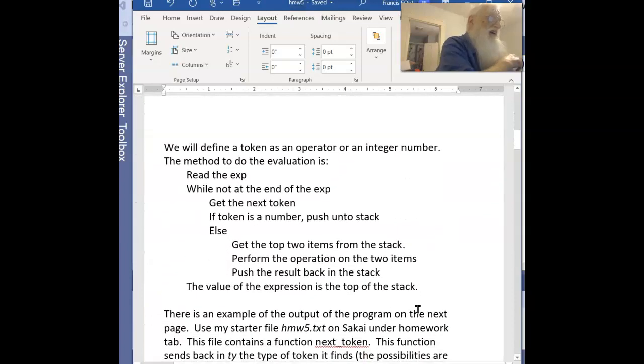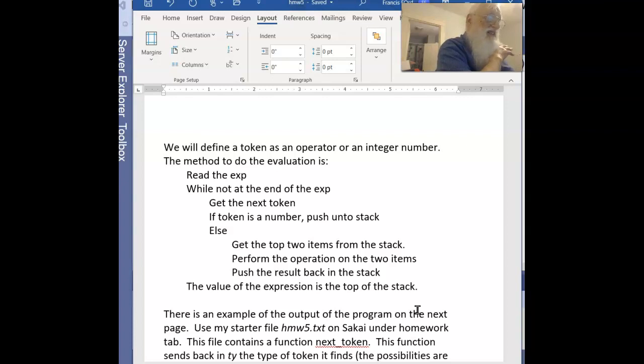Here's a technical word, a token. If you were taking a course in compiler construction, you would learn that when we put in code, the machine takes apart the code and creates pieces of it, which it calls tokens. A token is a meaningful portion, like an operator or a number.